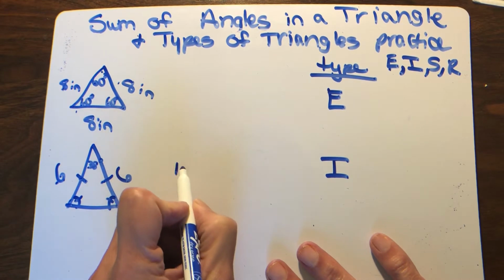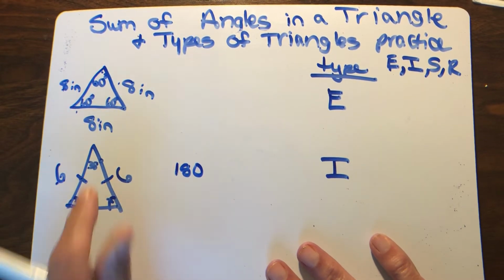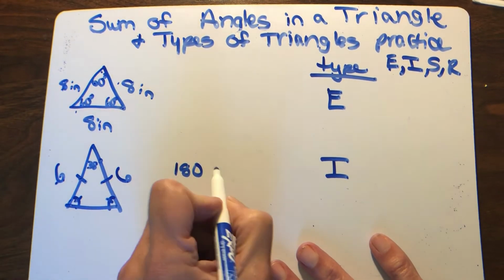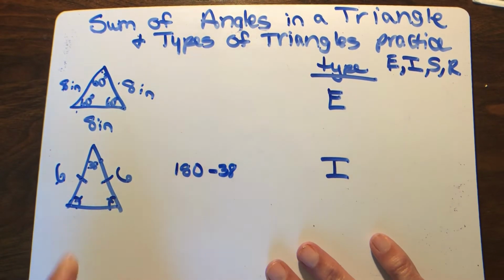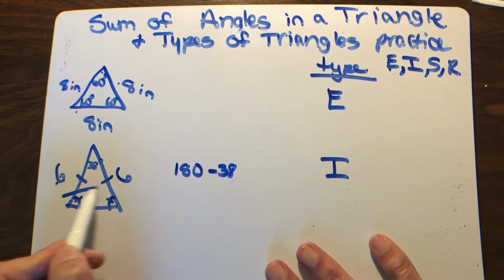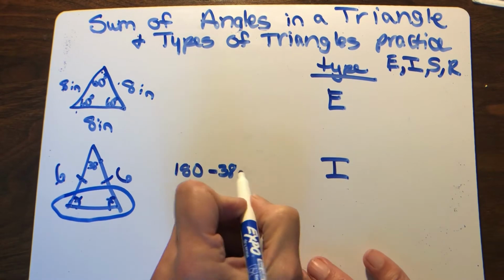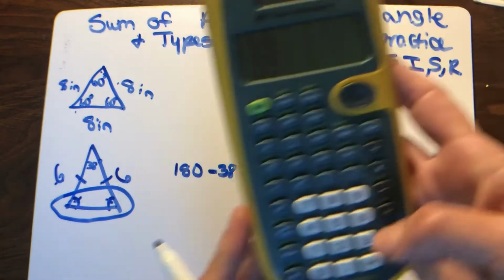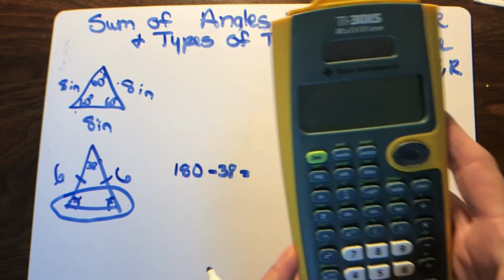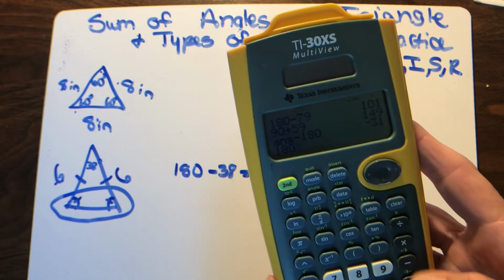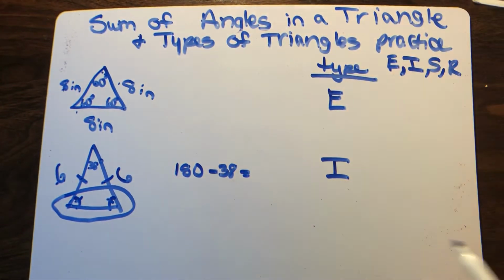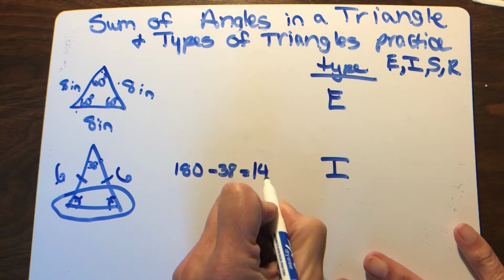Well, we know that if we took 38 away from 180, so 180 minus 38, that would give me how much these 2 are together, right? So just use your calculator if you want to. And you get your 142.